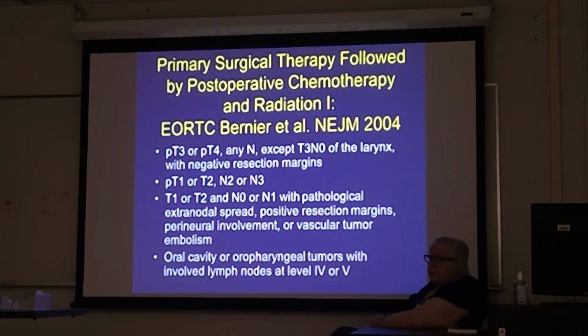Filter it. So anything that is abnormal would get stuck in the nodes. So there's no such thing as lymphatic vessel cancer, like getting abnormal cells in the lymphatic vessel? No. That's how it spreads, but it would go to the nodes. And here you have oral cavity or oropharyngeal tumors with involved lymph nodes at level 4 or 5, which is really far advanced.